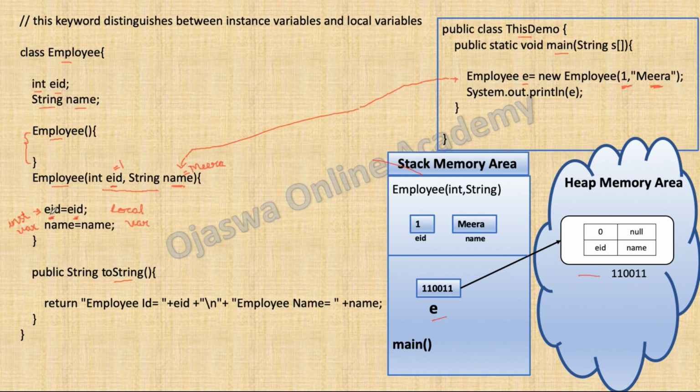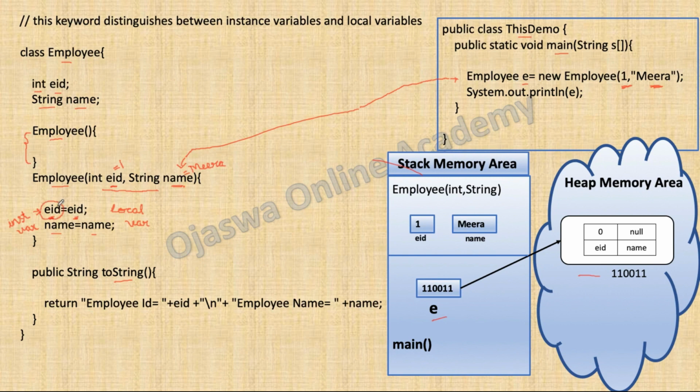I am assigning instance variable EID equal to local variable EID and instance variable name equal to local variable name. But as the instance variable names and local variable names are the same, the interpreter gets confused. The interpreter doesn't understand which is the instance variable and which is the local variable.